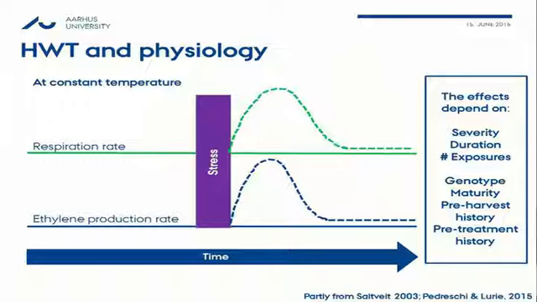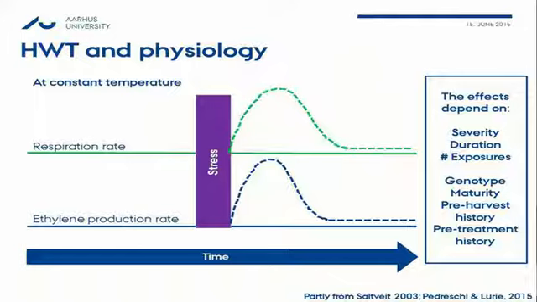We know that the apple tissue is reacting by sending us some gas signals. That's very good, because then we can use these gas signals and try to understand them more. We also know that the stress level, how much stress we apply, depends on the severity, I mean the temperature in this case with hot water treatment, the duration, how long, and how many times we do it.